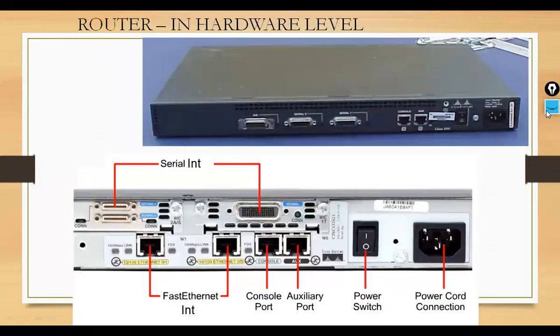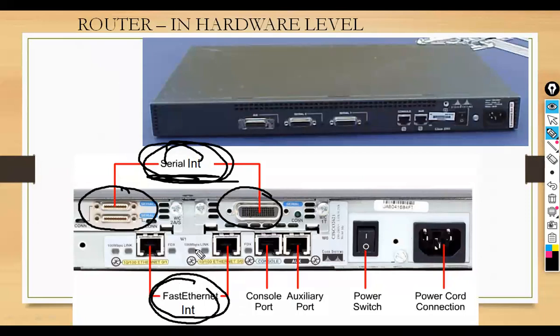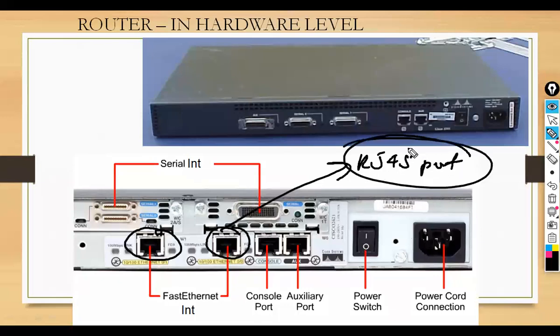One more thing. Here I was about to show you the interfaces. These are the serial interfaces, and these are the fast Ethernet interfaces. For the fast Ethernet you have the RJ45 port, which looks similar to the console port.